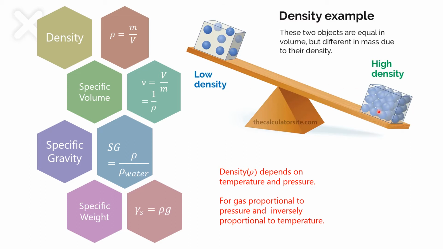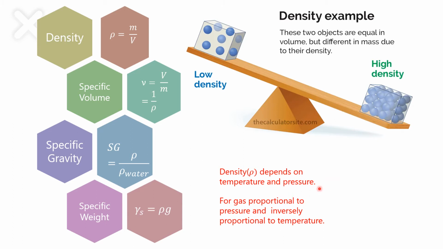These two objects are equal in volume but different in mass due to their density. So this is considered as high density because it has more mass, and this one is low density because it has less mass. The density of a substance in general depends on temperature and pressure.